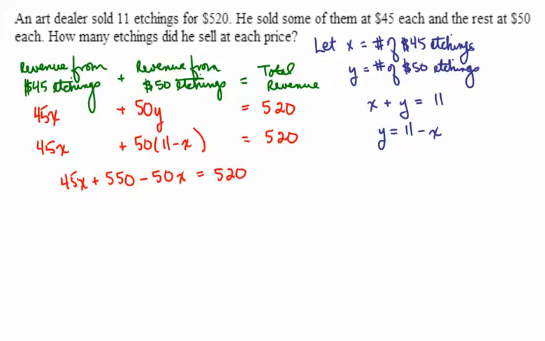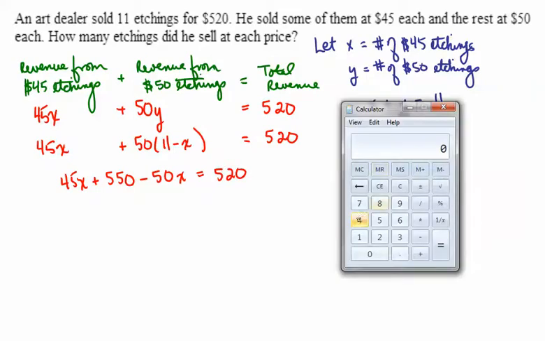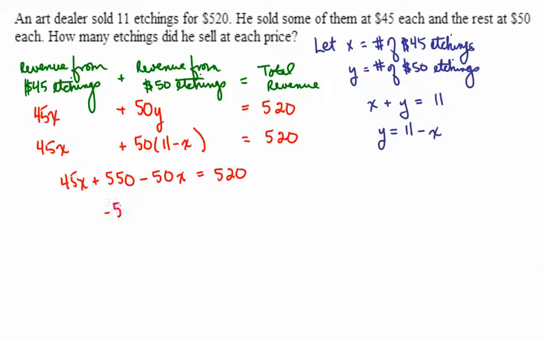If I combine like terms on the same side, I get 45 minus 50. We want to use our calculator so we don't make any mistakes. 45 minus 50 is equal to negative 5x. So we have negative 5x, we still have the plus 550, is equal to 520.